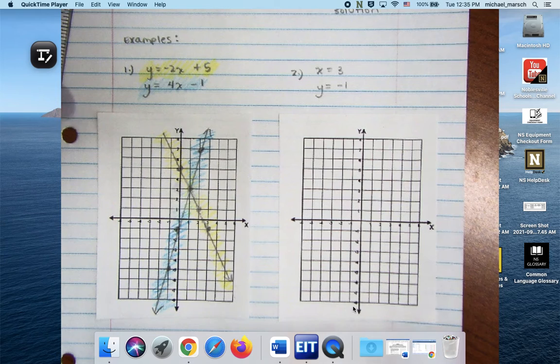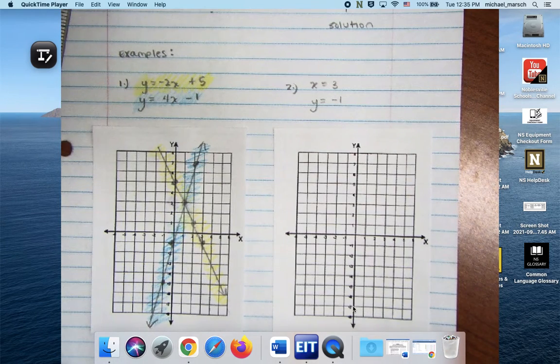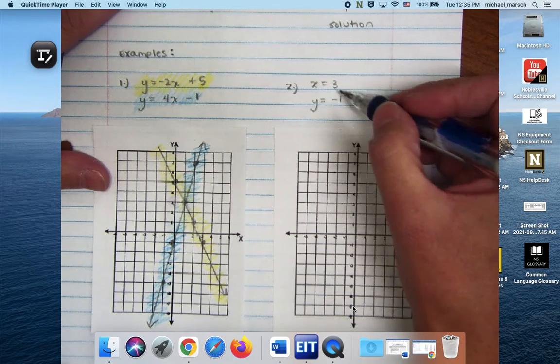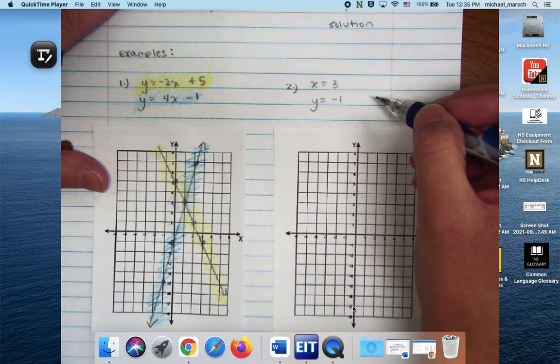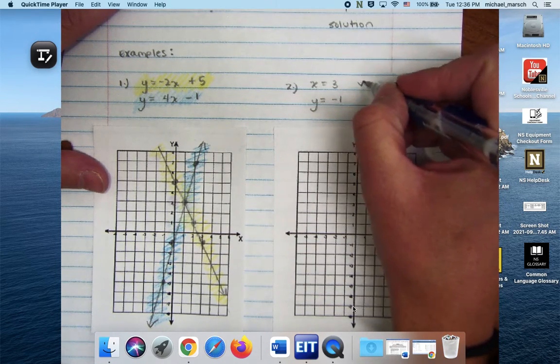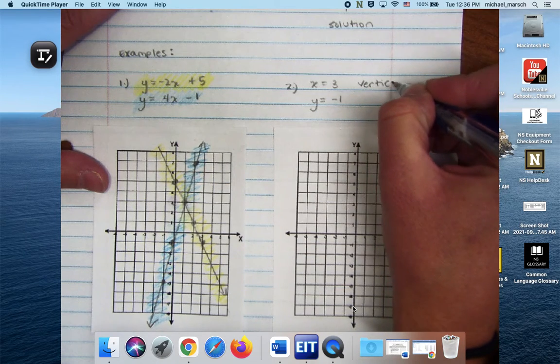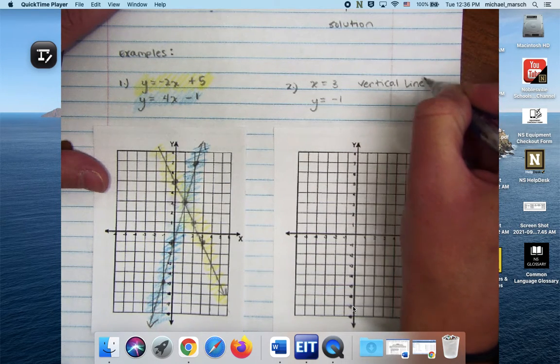Okay, this next one looks a little weird, but it's going to happen, so you need to know what to do when you just get like x equals or y equals. This tells me every x value is 3, so that's going to be a vertical line at positive 3.